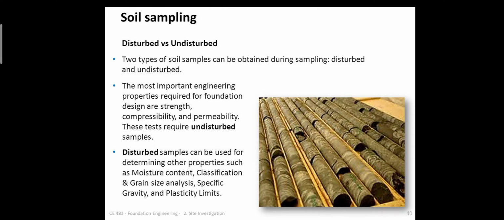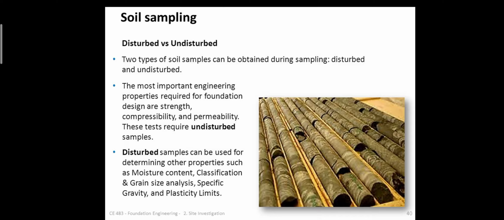When we collect soil samples, there are two different types of soil samples that we collect. There can be many accidents or mismatches in accuracy when we are collecting soil samples, so we don't always get very correct samples or undisturbed samples.